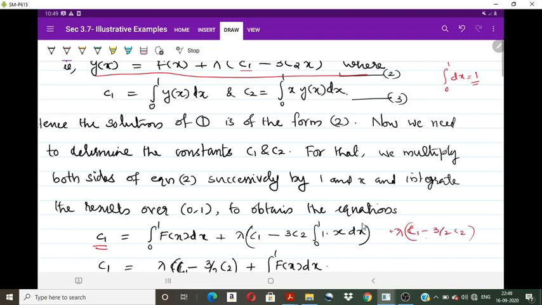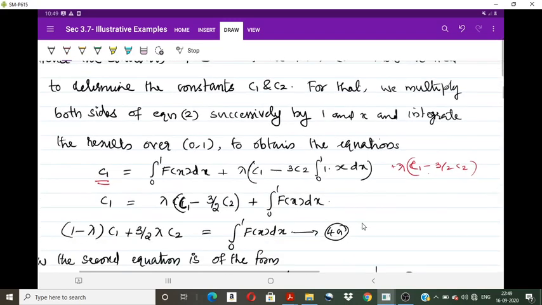Now taking all the terms containing C1 and C2 to the left side, we will get the equation C1 equal to lambda into C1 minus 3 by 2 C2 plus integral 0 to 1 f of x dx. Now take all the terms containing C1 and C2 to the left.